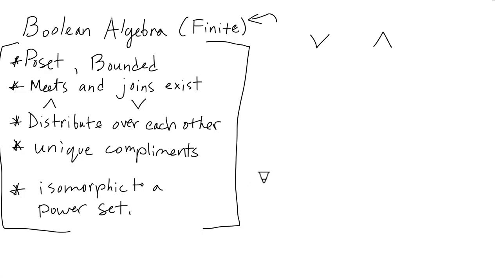In fact, you can make a bijective map to a power set that preserves these operations, so we say it has the same structure. So we can think about power sets and finite Boolean algebras in the same way.